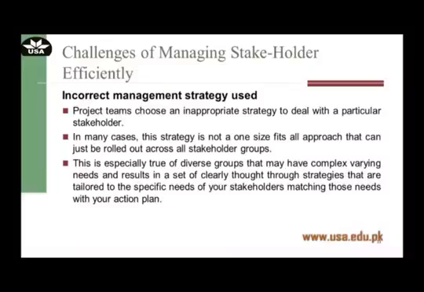The last problem that I'm going to discuss with you today is the incorrect management strategy used. Many times, identifying the right stakeholders, the right power or right influence can have absolutely no meaning if you have not developed the right strategy to communicate with that very stakeholder. Many times the project team chooses an inappropriate strategy to deal with particular stakeholders. In many cases, this strategy is not a one size fits all approach that can just be rolled out across all the stakeholders.